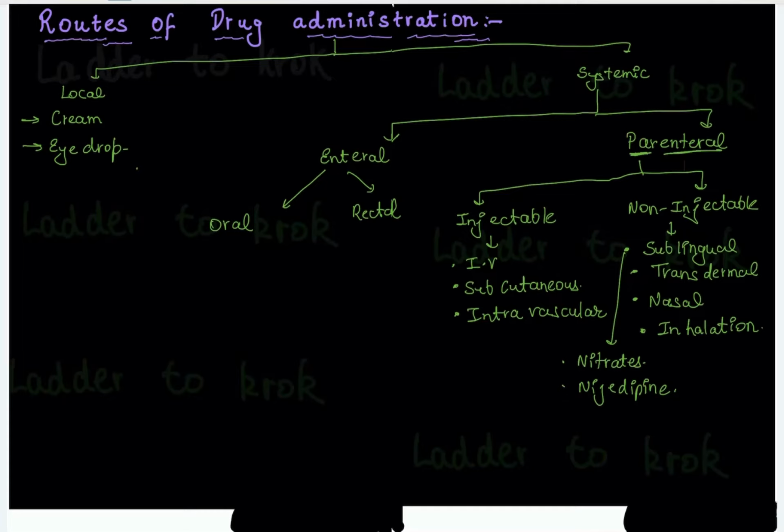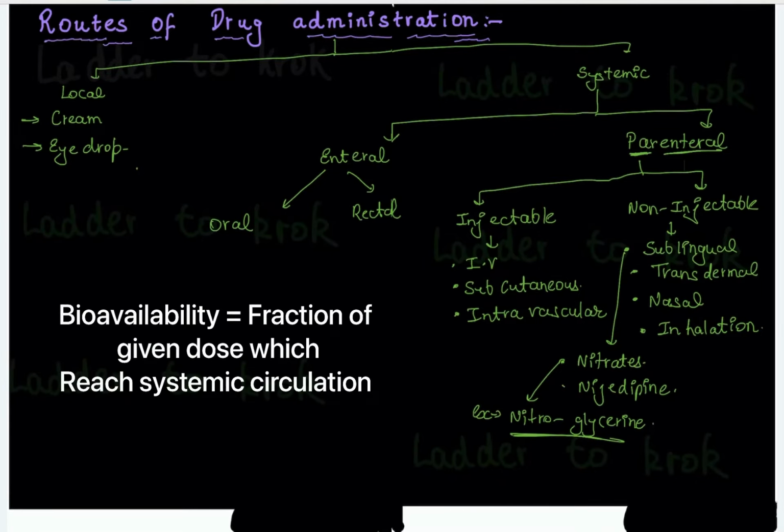Another example of nitrates is nitroglycerin, which is given in an acute attack of angina. You put this nitroglycerin below your tongue, and when the effect we wanted shows in your body, you can spit out the medicine. So we can also take a particular amount of medicine by this route.